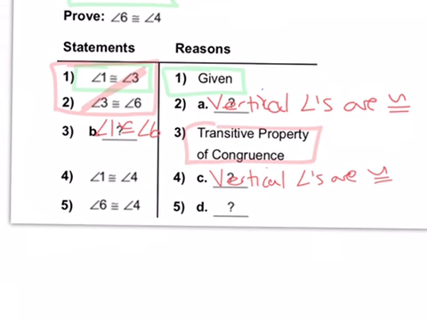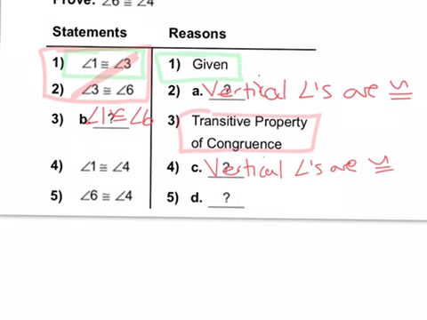And then finally, on the last statement, they're saying that 6 is congruent to 4. So let's pop back and look at steps 3 and 4. In step 3, we've got 1 is congruent to 6 and 1 is congruent to 4. Cross off the matching pairs. That's getting me 6 is congruent to 4. And the reason goes back to the transitive property.